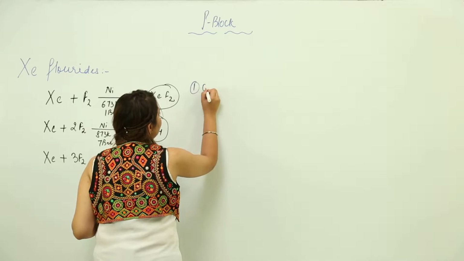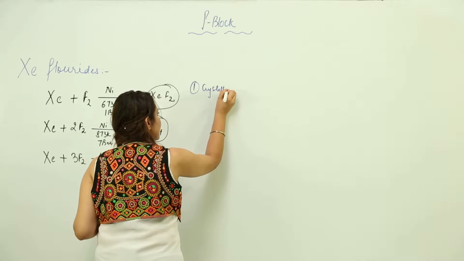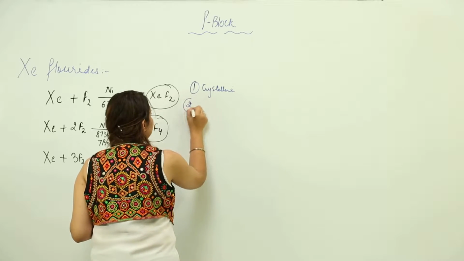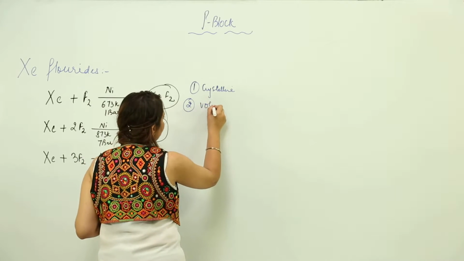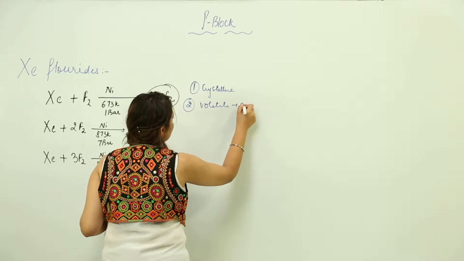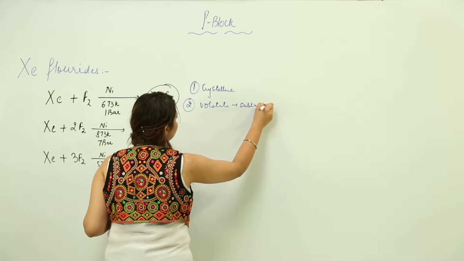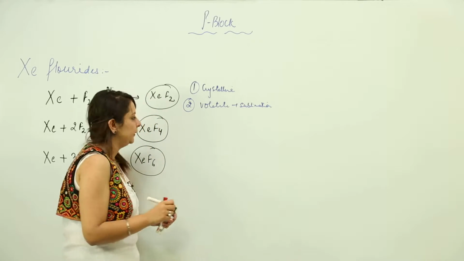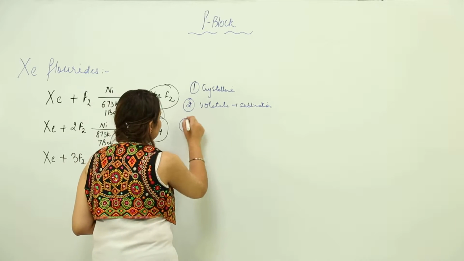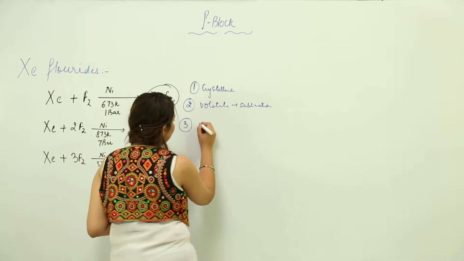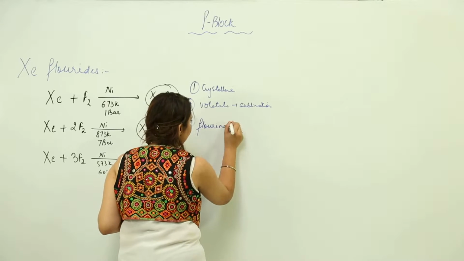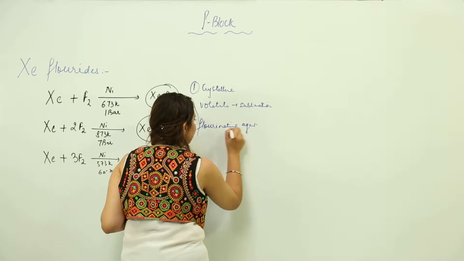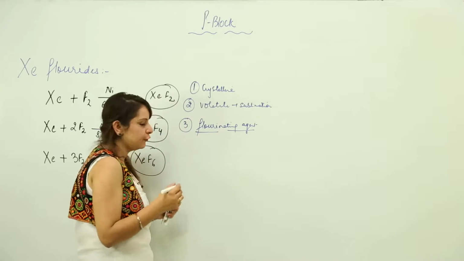They are all crystalline, and they are volatile, which shows sublimation: they sublime readily. They are also fluorinating agents, which means they can donate their fluorine.